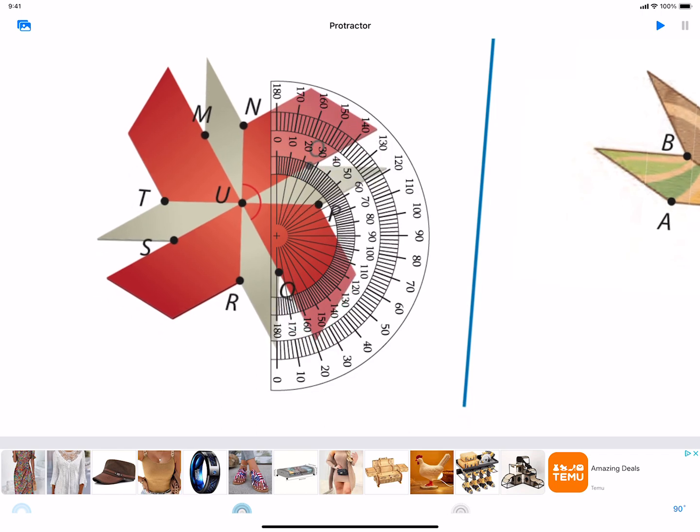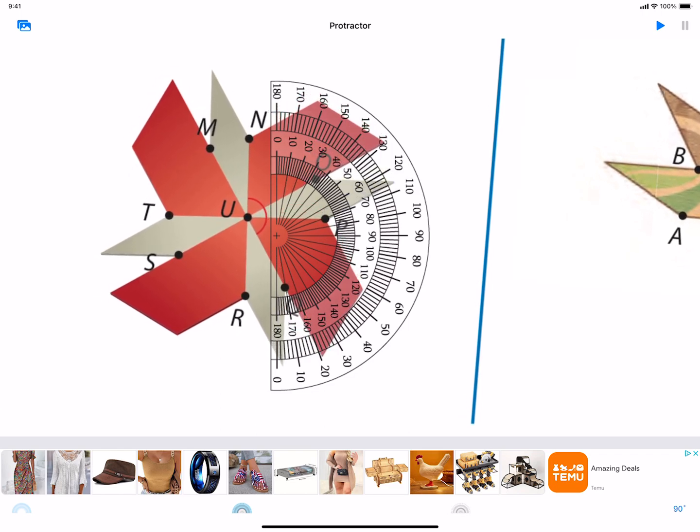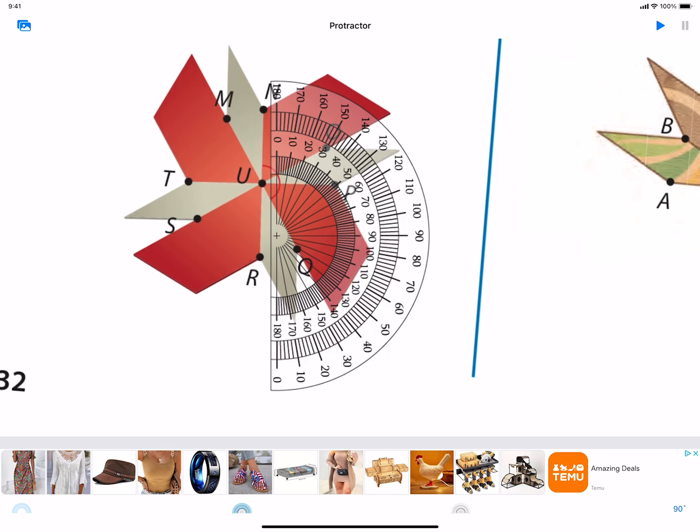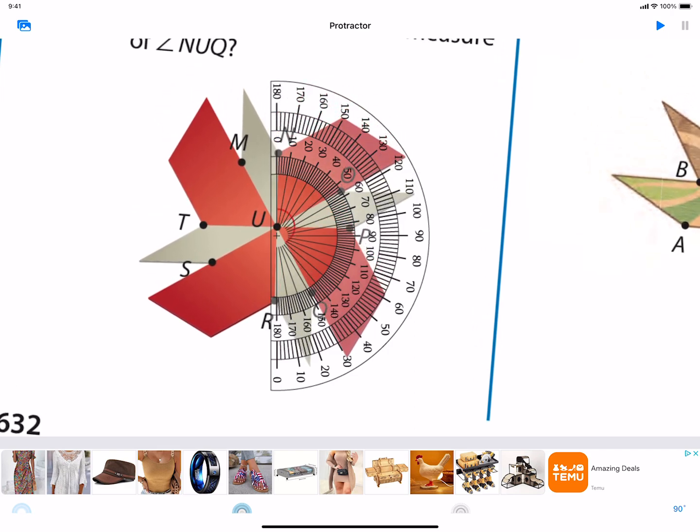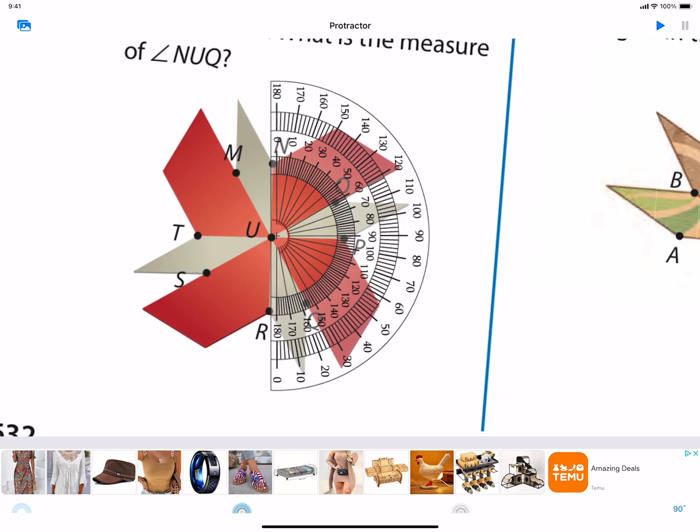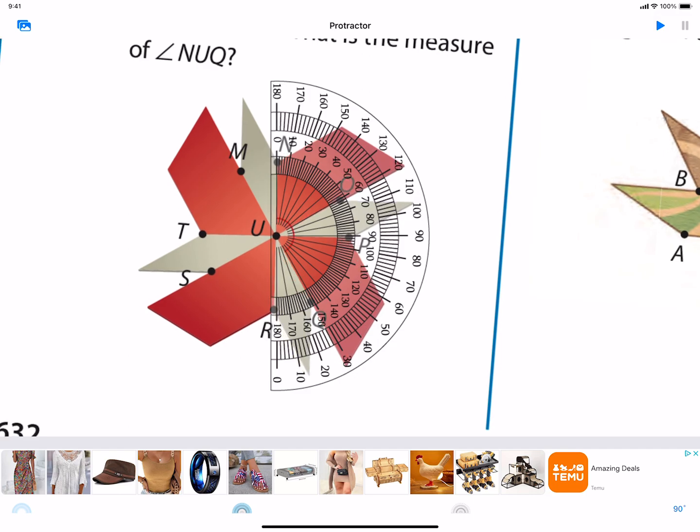I need to tilt it, but it's not sensitive at all. Hold on, let me try. Oh, okay. I can still use it. All right, so here I place the center on the vertex, and I can say this angle RUQ is 30 degrees.